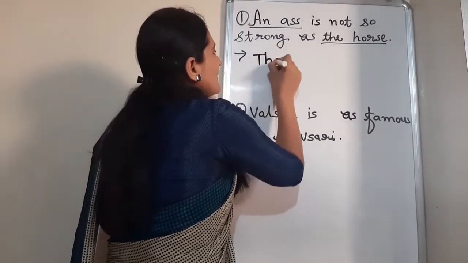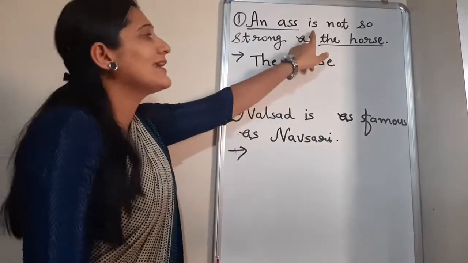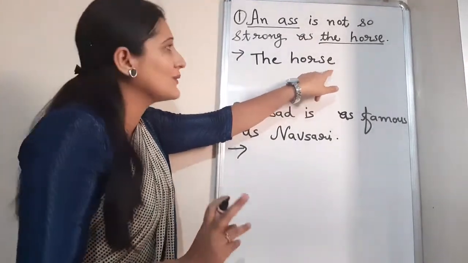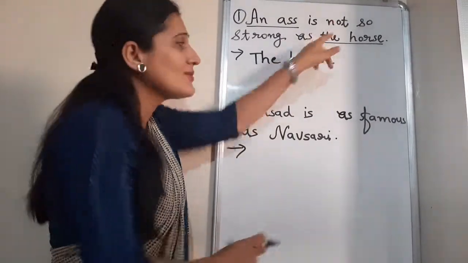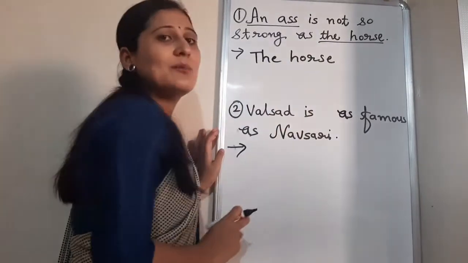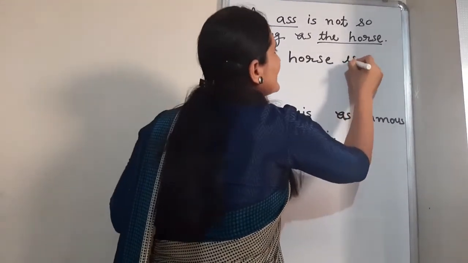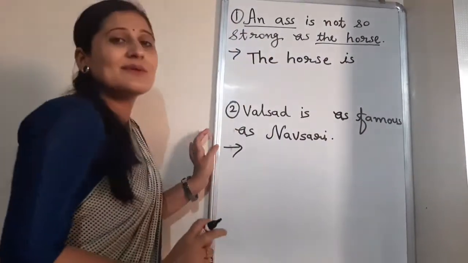The horse, then after the verb, and this sentence is negative, so our comparative degree will be positive. See, this is positive degree, negative itself, so comparative degree will be positive, right? So the horse is, because negative, so positive is. Then what is our rule?